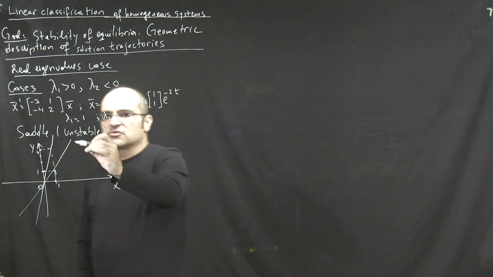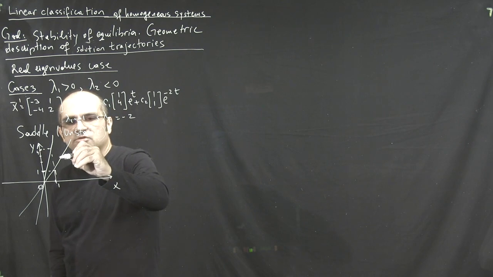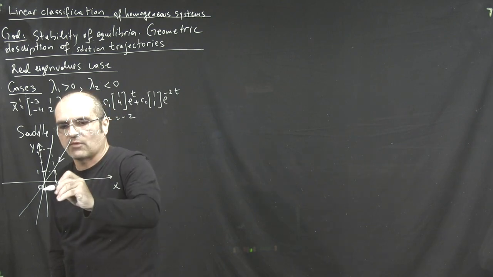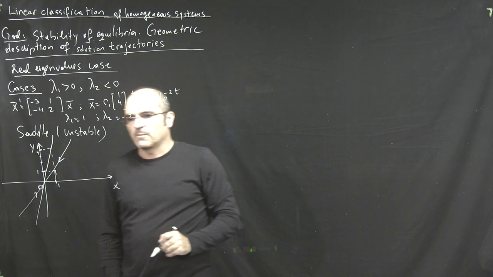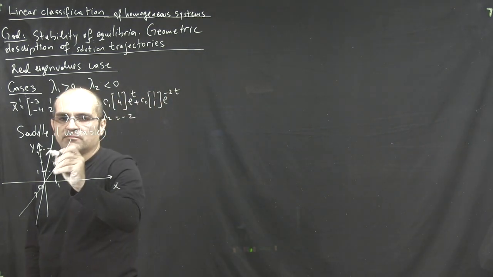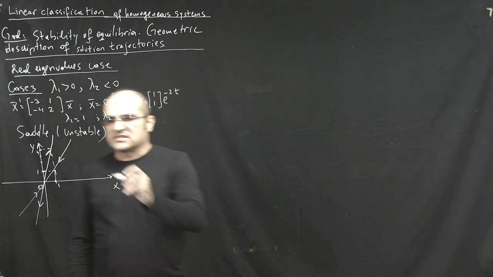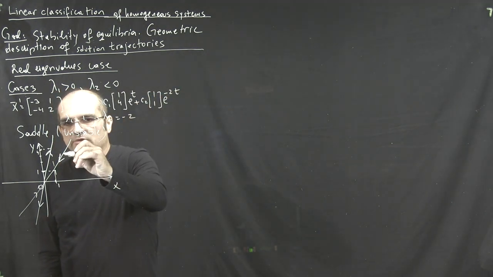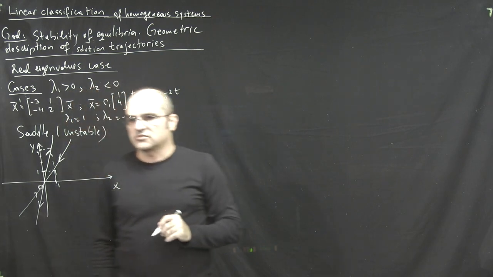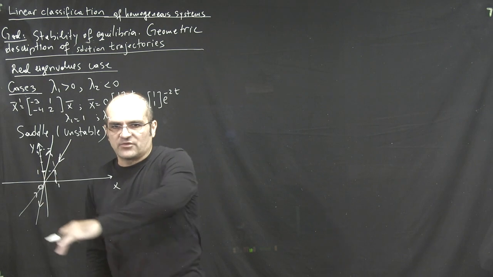So anyway, this one corresponding to -2, if you start on it, the solution approaches 0 right on that vector, and on the other one, it moves away from 0. So the only way you approach 0 is if you start on this eigenvector corresponding to lambda equals -2. For all other solutions, the effect of both eigenvectors will happen, right?